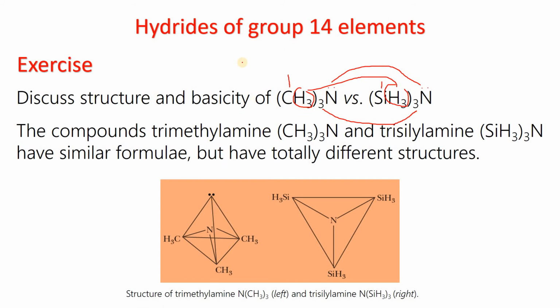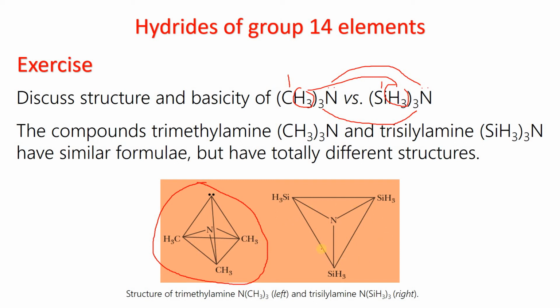Yes, these are the structures. First, if you look at trimethylamine, it has a structure similar to ammonia. It is a pyramidal structure. A tetrahedron has 4 corners, but only 3 corners are occupied. One corner is occupied by the lone pair of electrons. So the shape is pyramidal.